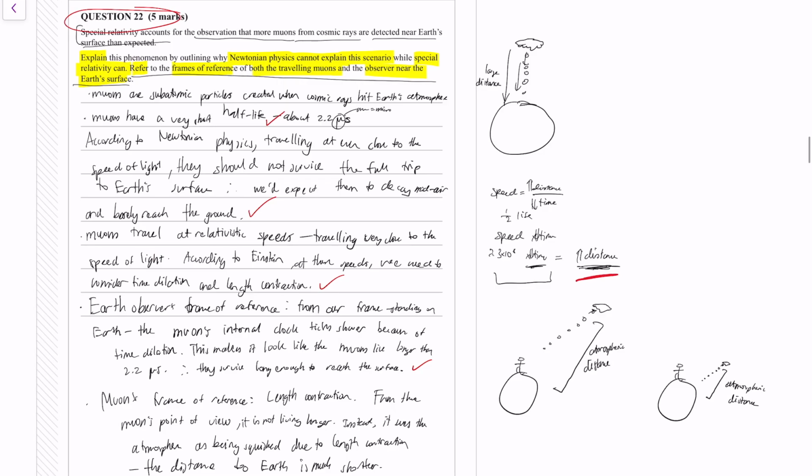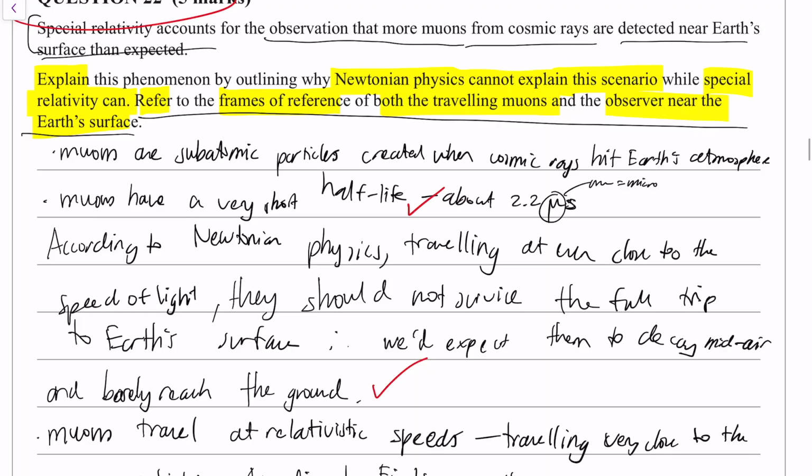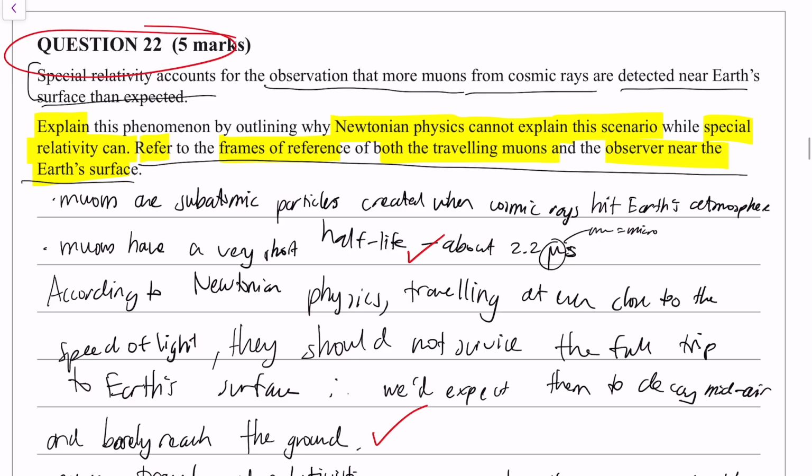Okay, you will not lose marks by having too much detail, but you will lose marks if you forget stuff like, for example, the marking scheme saying that you need to say muons have a very short half-life. That can easily be missed. You might just immediately go by talking about Newtonian physics or doing what the question asks, but you need to explain why, and that involves a lot of theory.